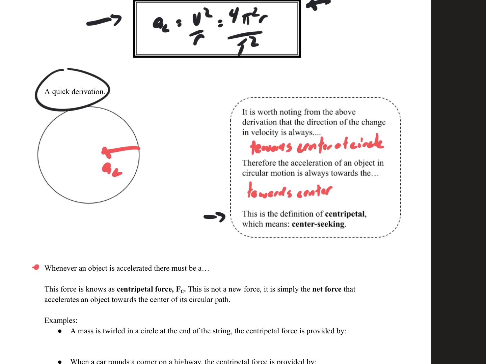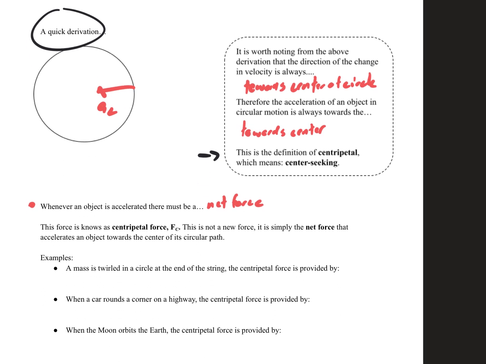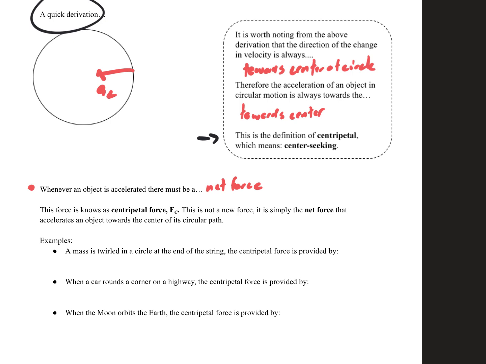But whenever an object is accelerated, there has to be some kind of net force acting on the object. So once again, this is known as the centripetal force. It's not a new force, it's just the net force that accelerates an object towards the center of the path.